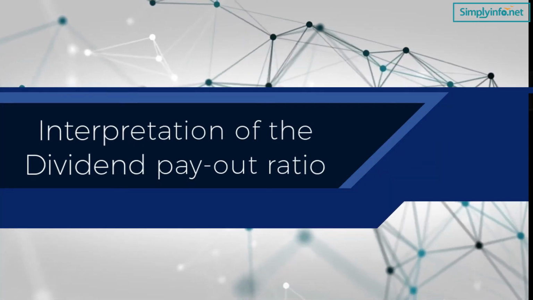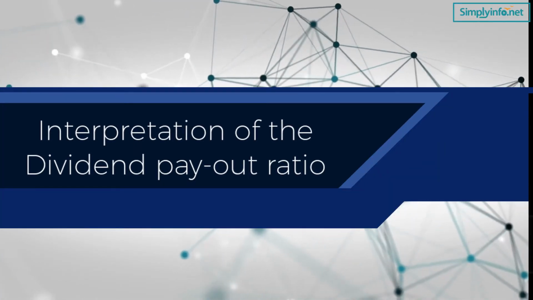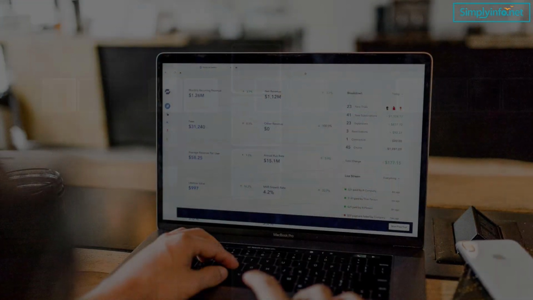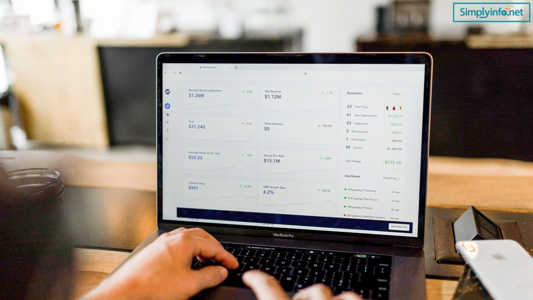Let's see what is the interpretation of the dividend payout ratio. DPR helps the investors in determining which company suits best with their investment goals. When a shareholder invests in a company, return on their investment comes from two sources. One is dividends and the other is capital gains.